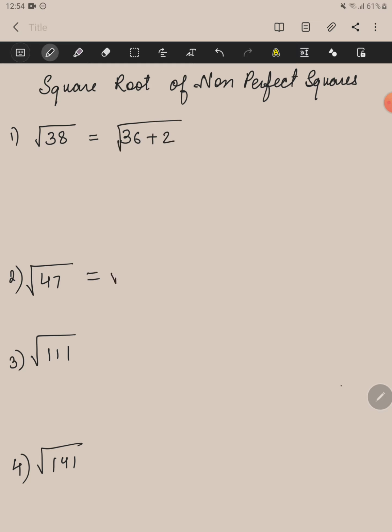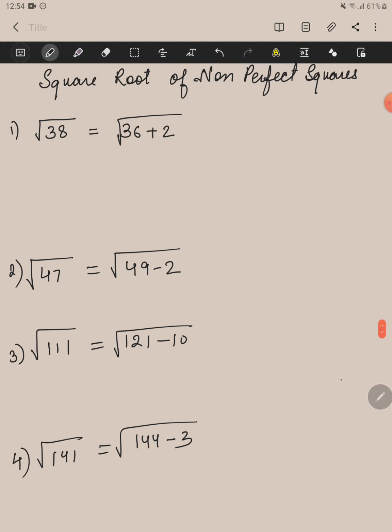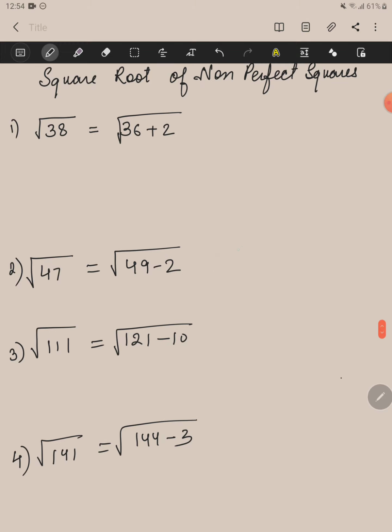For 47, it will be 49 minus 2. For 111, it will be 121 minus 10. For this one, 144 minus 4, minus 3. So somebody will say, I can take here 36 plus 11 also.